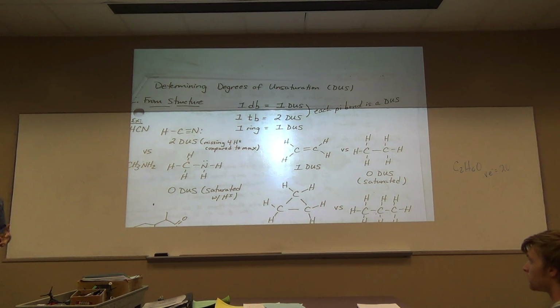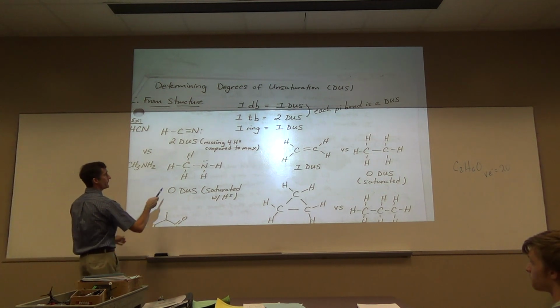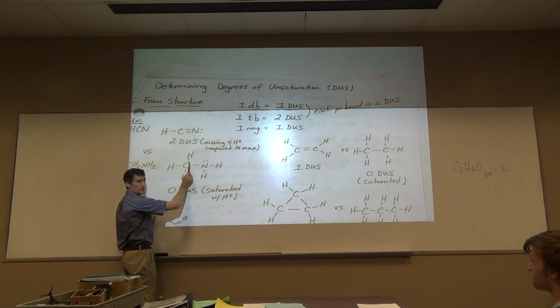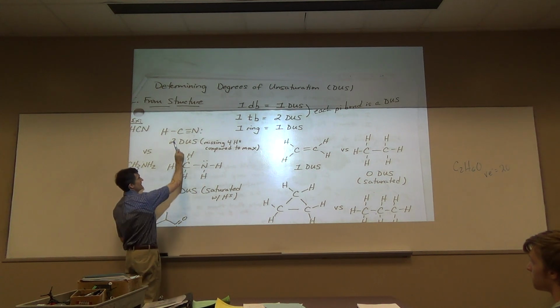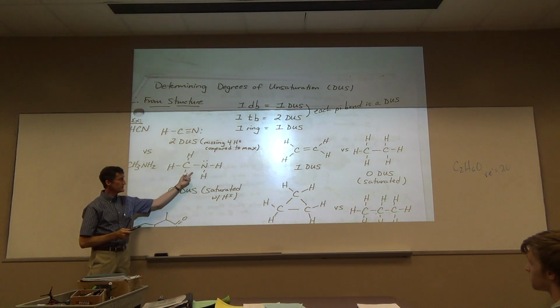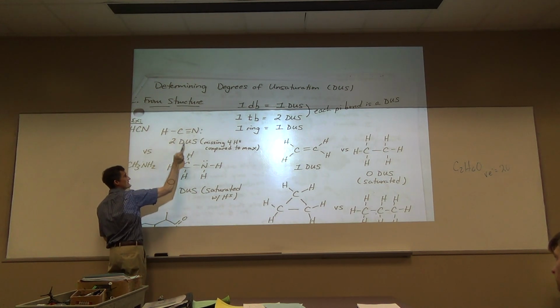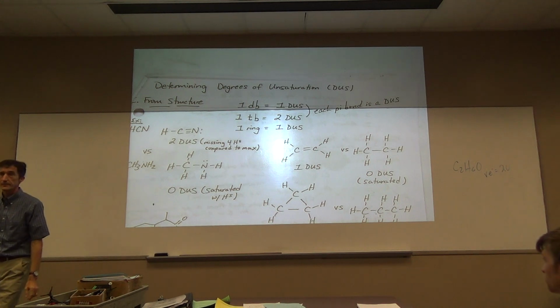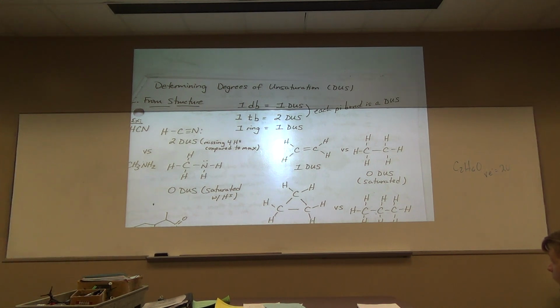When you have the maximum number of hydrogens for the given heavy atoms, you say the compound is saturated with hydrogens. So, for a C and an N, is that compound saturated? No. How many are we missing compared to this? We're missing 4, because that has 5 and it has 1. Every 2 you're missing is a DUS.